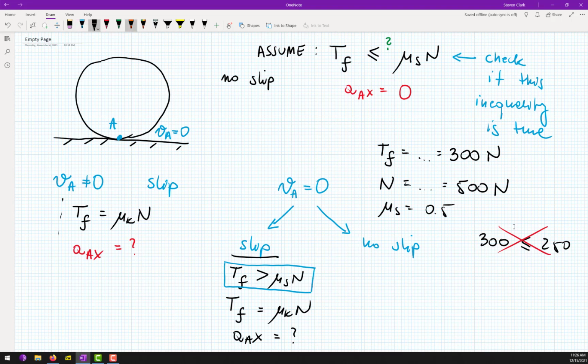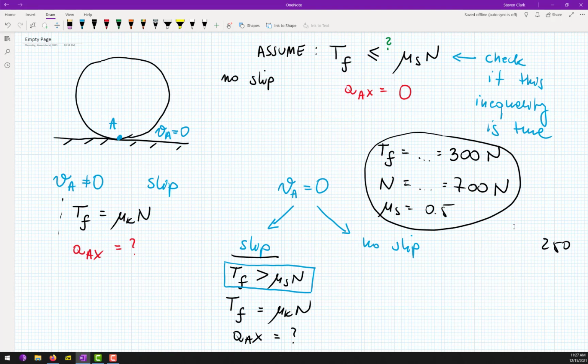But what will happen if that will be 700, for example? That during our solution process we'll end up with such values. Then this is true. So we will have no sleep indeed.